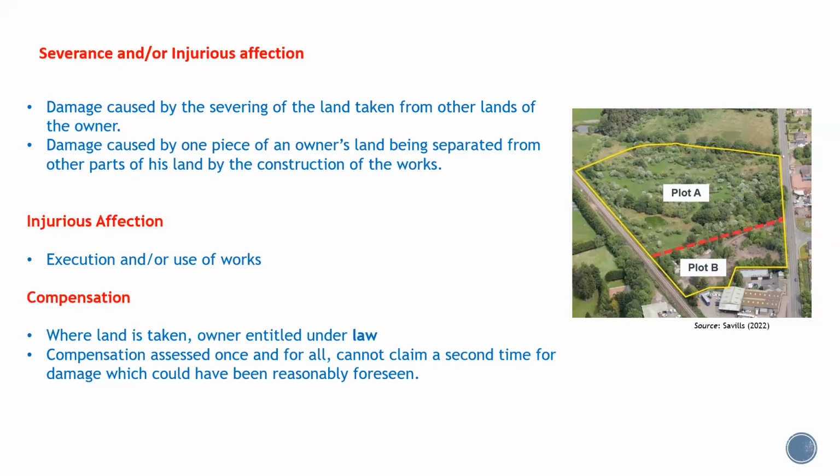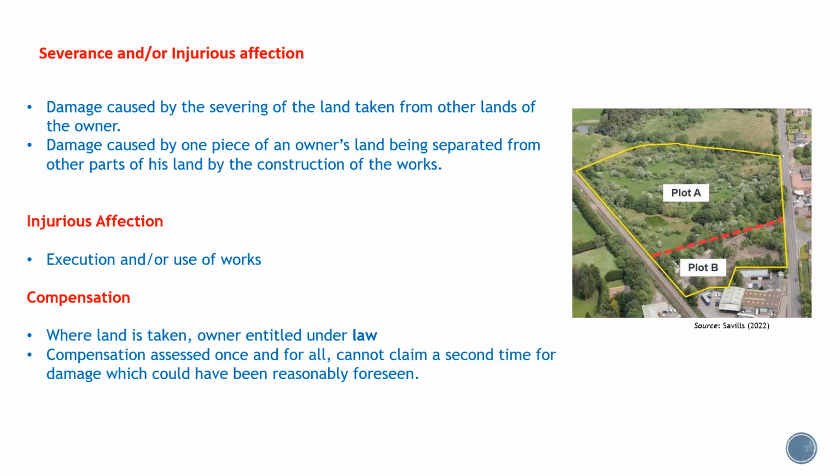For example, it could be harder to put farm machinery on an unusually shaped piece of land, or perhaps development opportunities are reduced. If we look at this photo here on the right, we can see a large original plot of land bound in yellow, suitable for a new residential scheme, say a large apartment block.